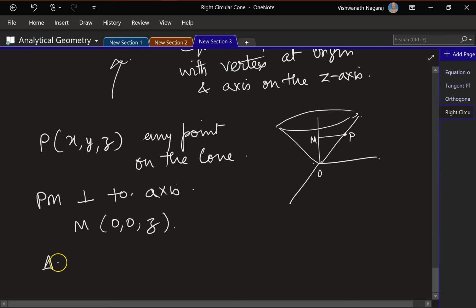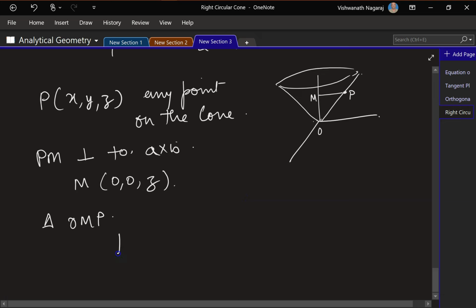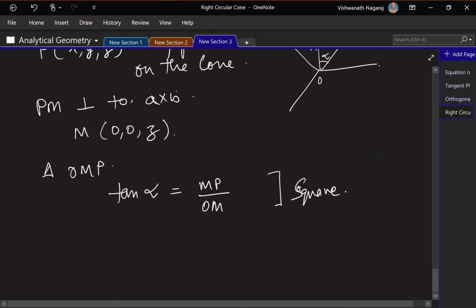Okay, so triangle OMP, let's focus on that. Tan alpha, remember this is alpha. Tan alpha will be opposite side by adjacent side, so MP by OM. Now let's square both the sides. So what do we get? We get tan square alpha equals MP square by OM square.